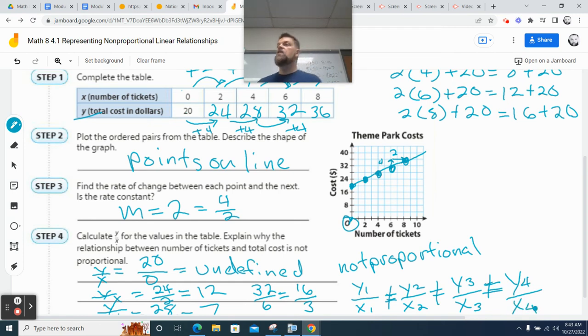So the ratio of y over x for the first ordered pair does not equal the second pair, and that does not equal the ratio of the third pair. None of them equal. So it's not proportional. But you see that it's a straight line and it's a constant rate of change, but it's not proportional.